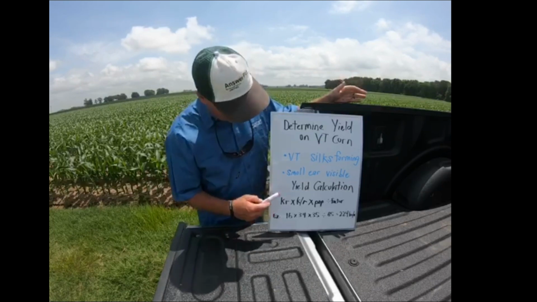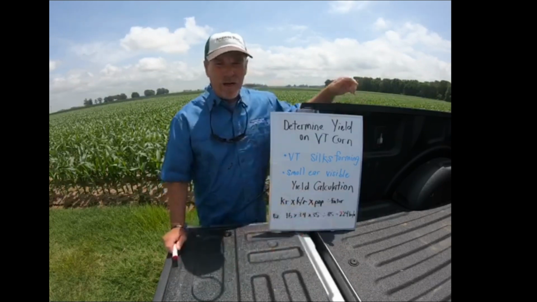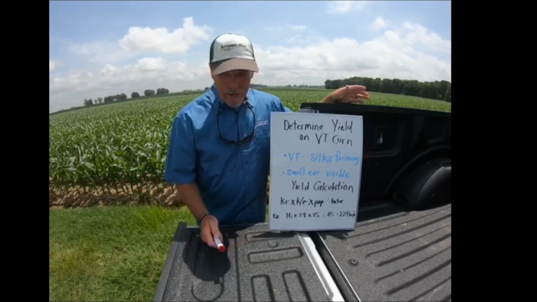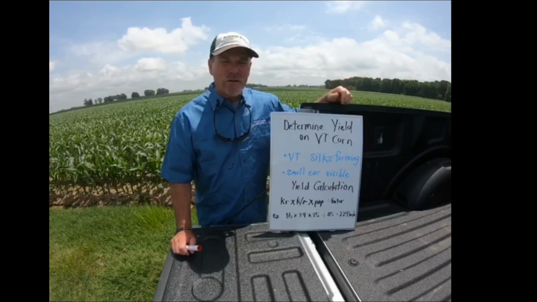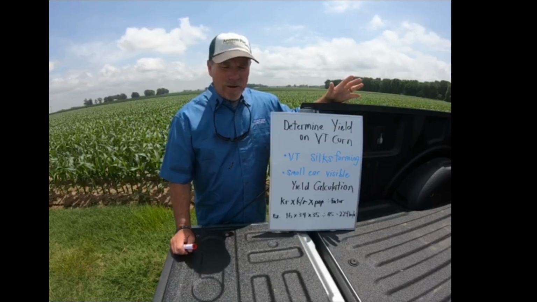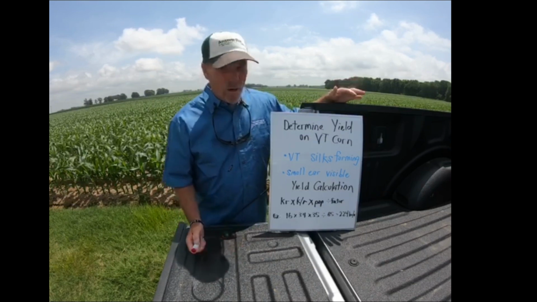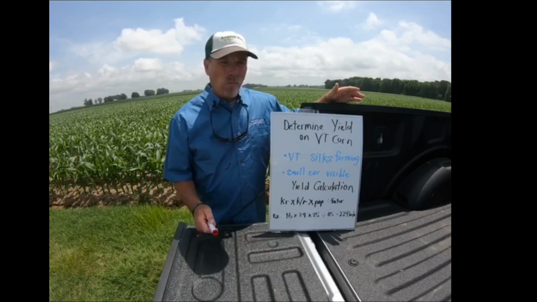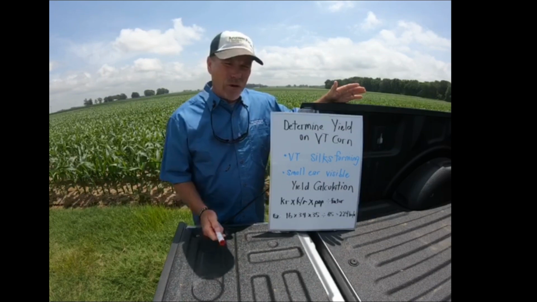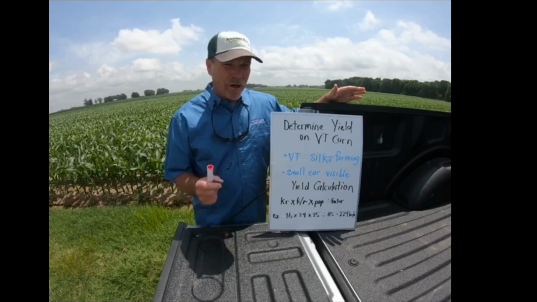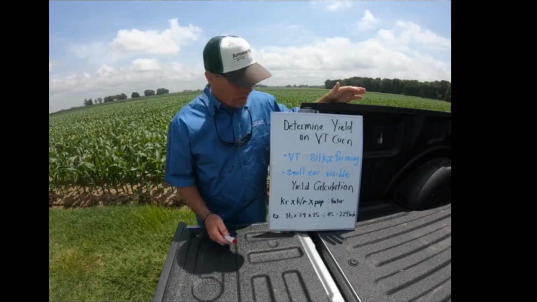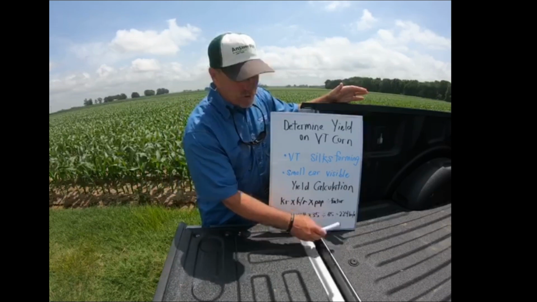So what about this factor? There are three different numbers that we typically divide by, depending on the condition of the corn. If this was a dryland cornfield with difficult growing conditions and our kernel depth was very shallow, I would divide by 90.